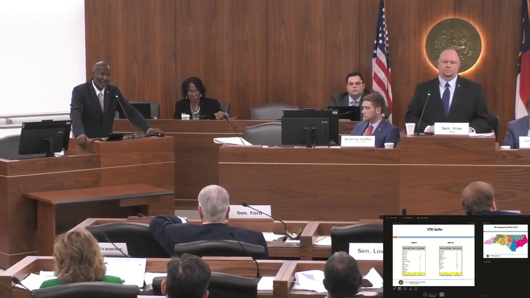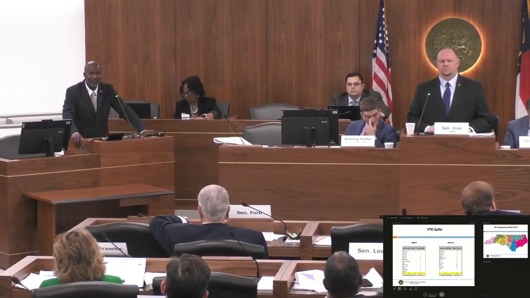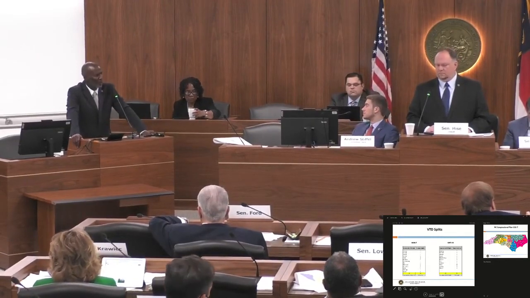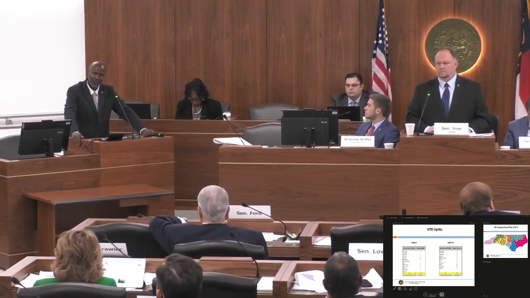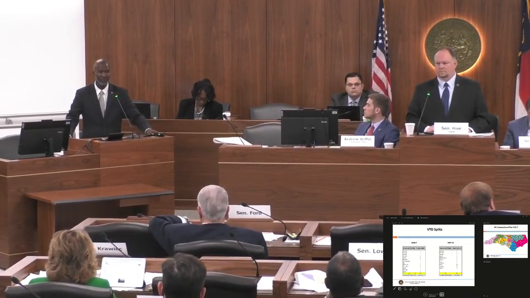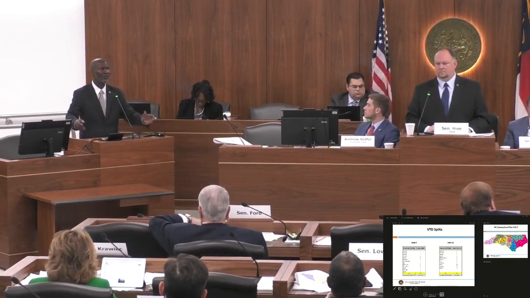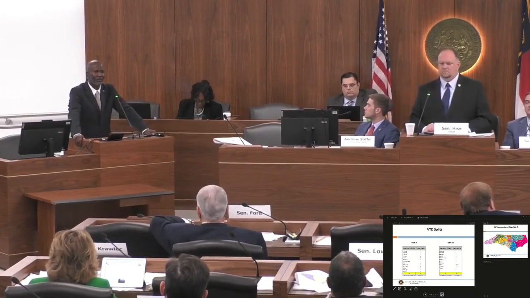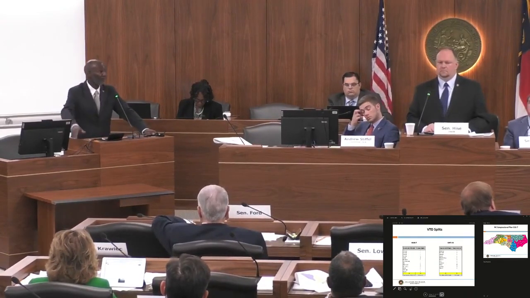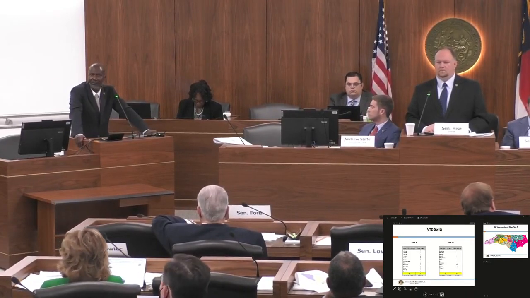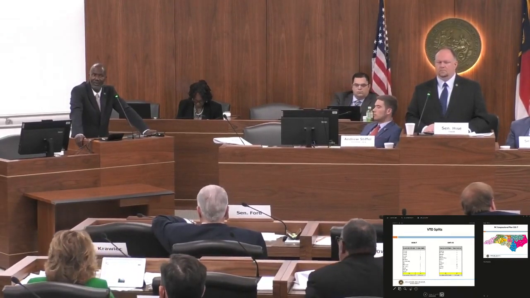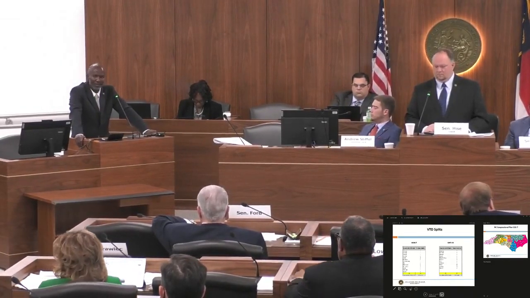Because there's been this grand myth out there that we can't draw a fair map in North Carolina that will provide proportional representation because, as we've heard before, all the Democrats live in the cities. Well, I think the 7-7 throws that notion out of the window completely. Reveals that statement for what it is.